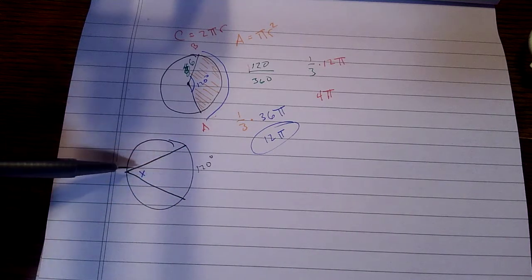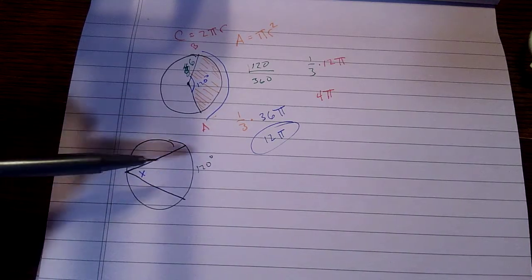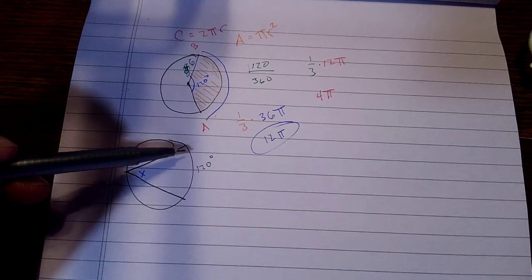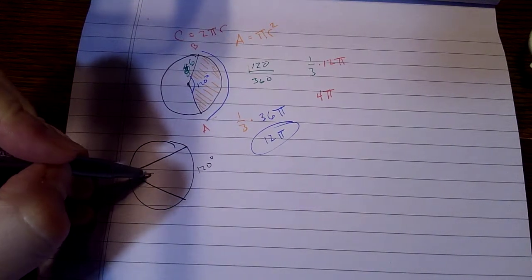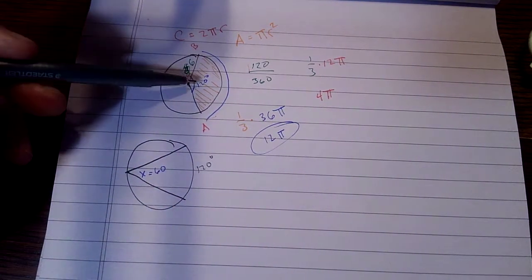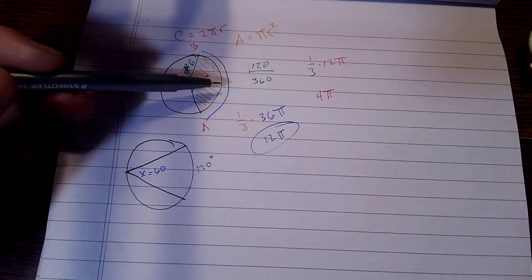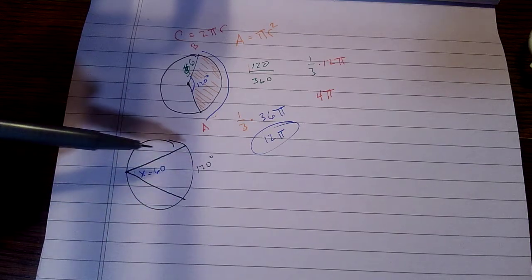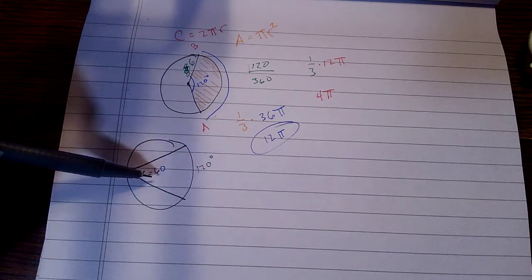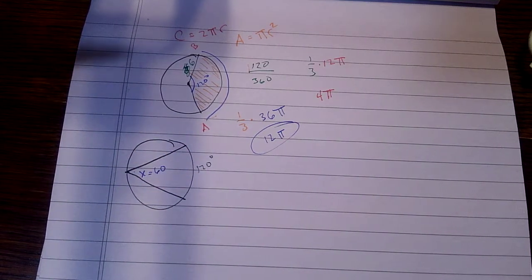The angle doesn't change when you move it back, just the picture. So this angle is 1/2 of this. So that means x is equal to 60. So again, for a central angle, these two are exactly the same. For an inscribed angle, the angle is half of the arc, or the arc is double the angle. Either way you want to do it.